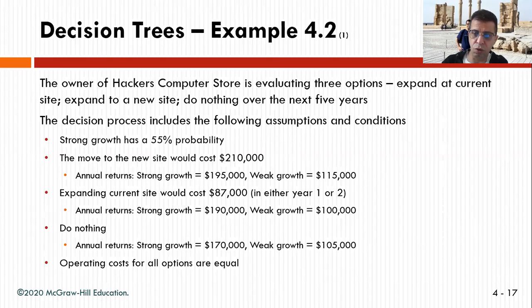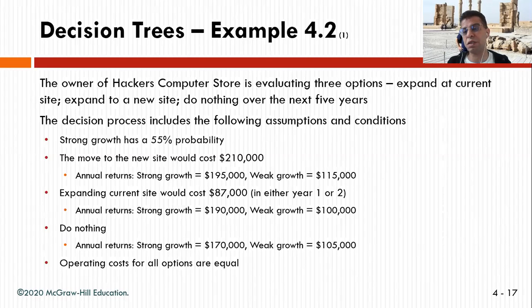The annual return, if there is strong growth, which is 55%, is 195,000 in case they move there. If there is weak growth, the annual return is 115,000.